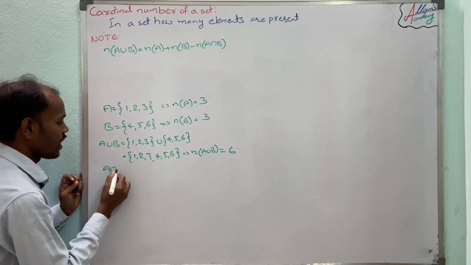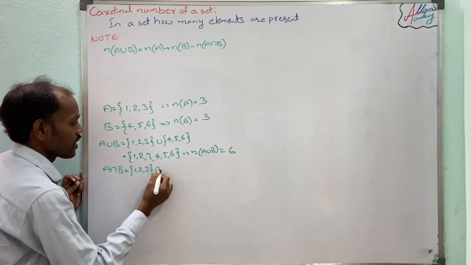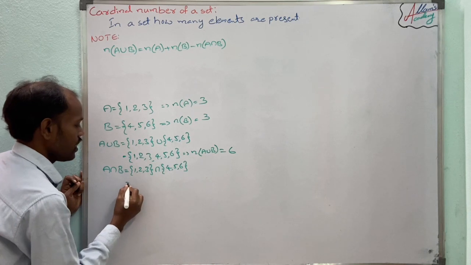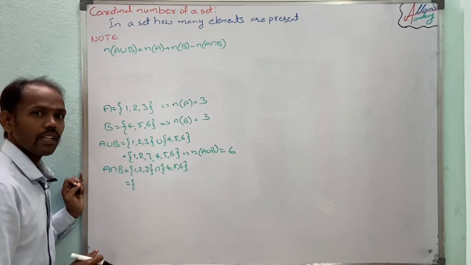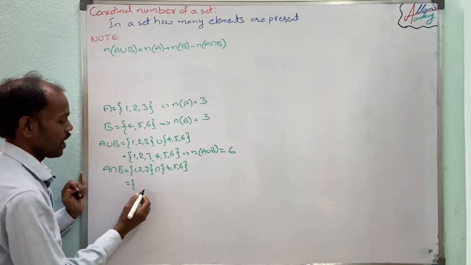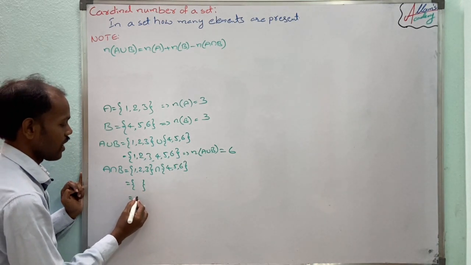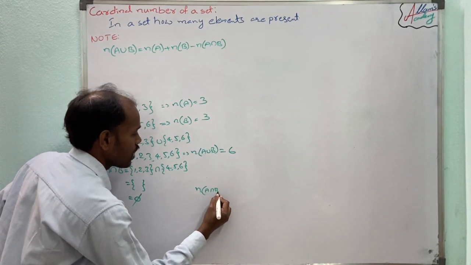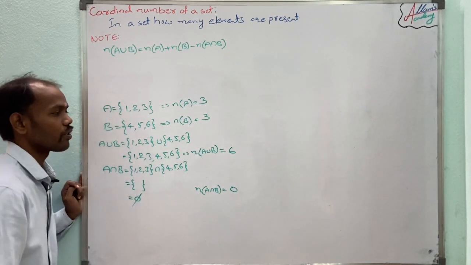If we find A intersection B: 1, 2, 3 intersection the set with the elements 4, 5, 6. Here we observe that no common element is present. In intersection we take the common elements, so no element is present, so that is the empty set. So number of A intersection B equals 0.